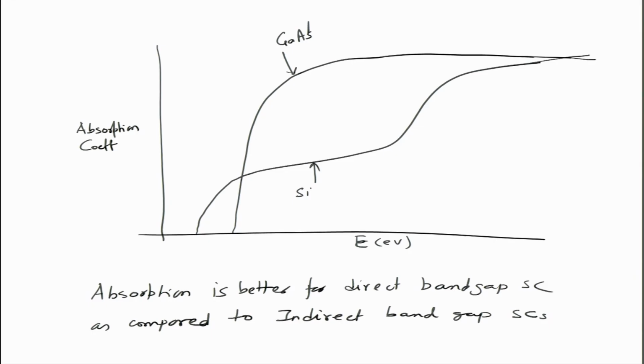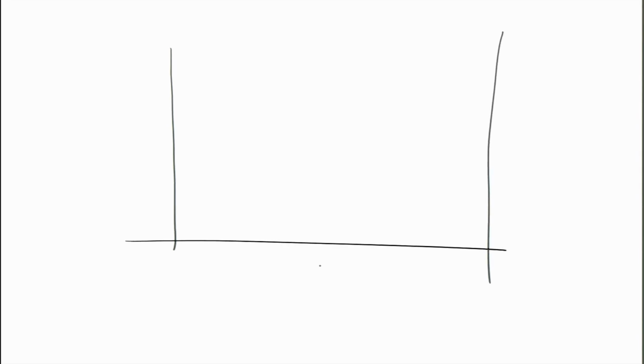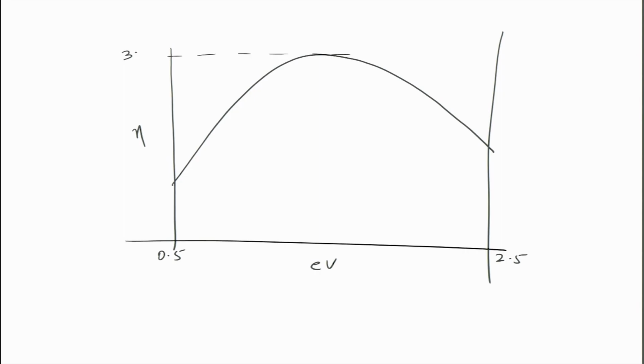So, this is in general possibility, and if you plot the efficiencies as a function of band gap, this is what we have right now. So, I made the plot of eV versus eta, it was something like that, okay, and this shows a maximum at around 1.3, 1.4 electron volt. Let us say this axis is from 0.5 to 2.5. So, this is for single junction devices at about 33%.